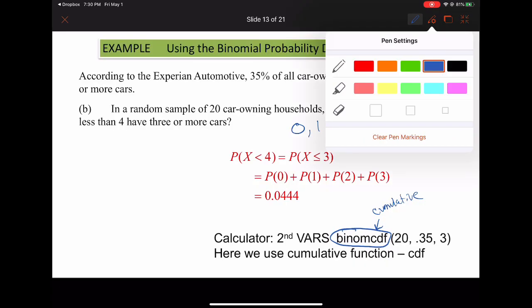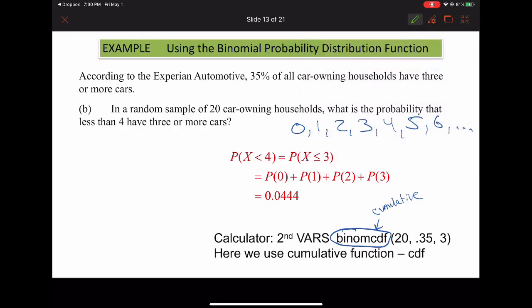I want the probability that 3 or fewer have 3 or more cars. Less than 4. Since it's less than 4, 4 is not included. So I want 3 or fewer. I want to know 0, 1, 2, or 3. The binomial CDF will give me 3 or less.